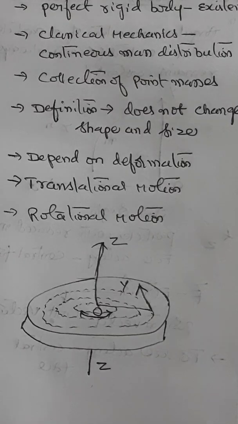Here also you will have angular displacement, angular velocity. In the case of a straight line, it is linear velocity, linear displacement. Here in rotational motion, we get angular displacement, angular velocity, angular acceleration, etc. That is what is basically known as rotational kinematics.